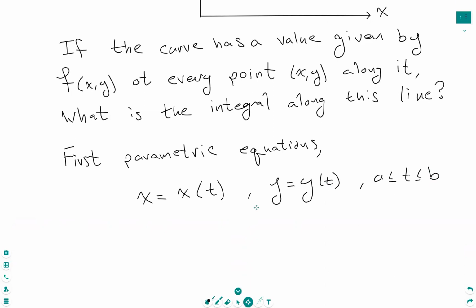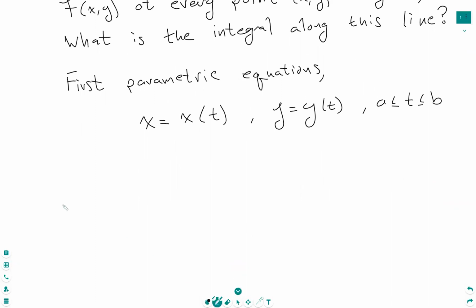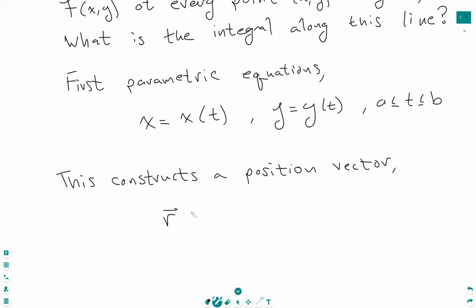And this is to describe our path C now. So this constructs a position vector that we'll call R. And this simply points to the location on C that we're currently located at, given the parameter t.